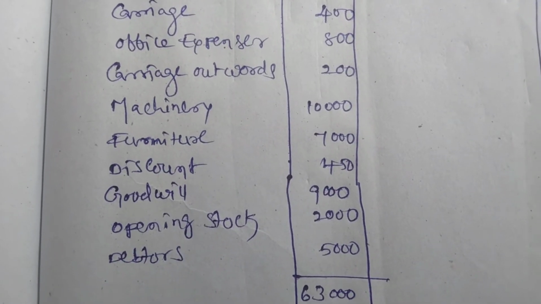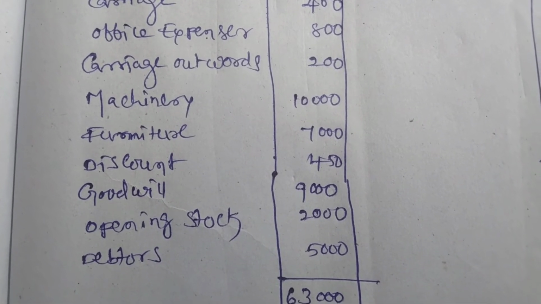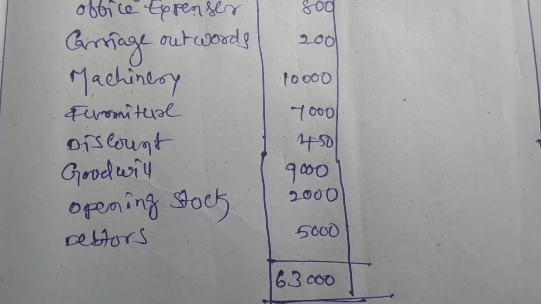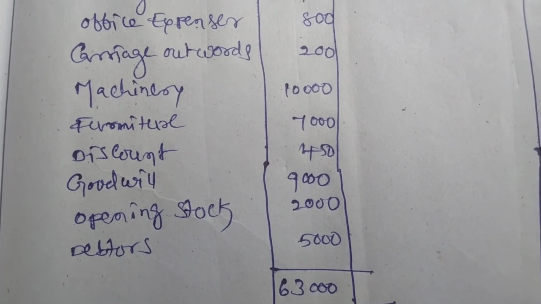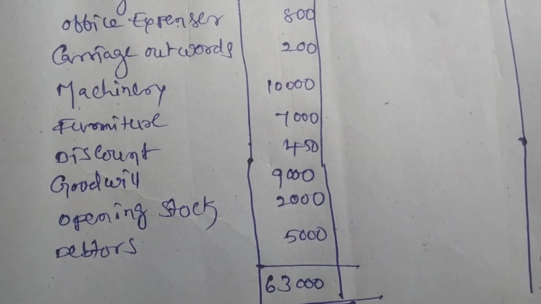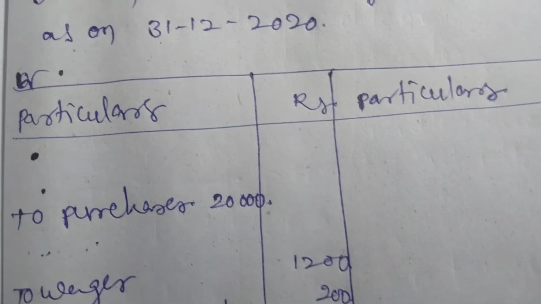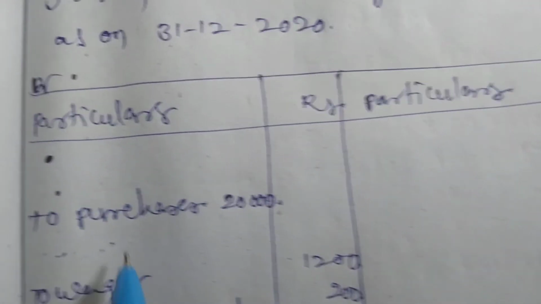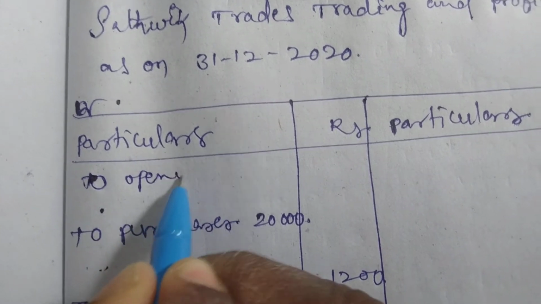So next one is opening stock. The opening stock is recorded on the debit side of the trading account, at the top. Observe here, we already left some place for the opening stock.